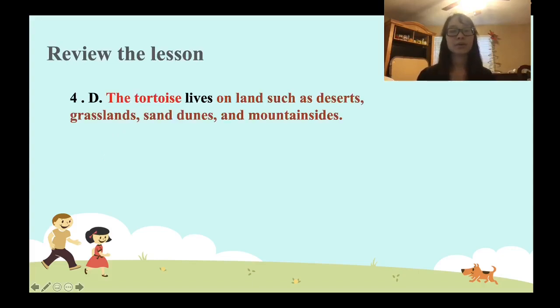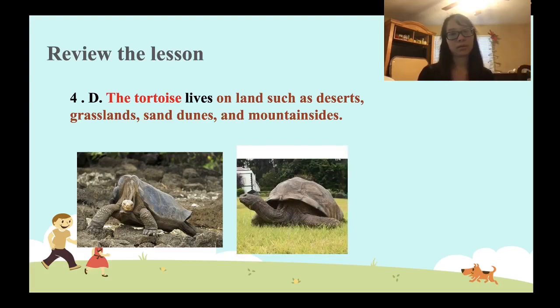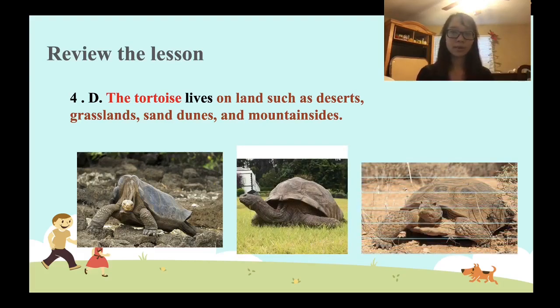The tortoise lives on land, such as deserts, grassland, sand dunes, and mountainsides. Here in the pictures, they live in grasslands, on the rocks and dunes, and in the desert in the last picture.